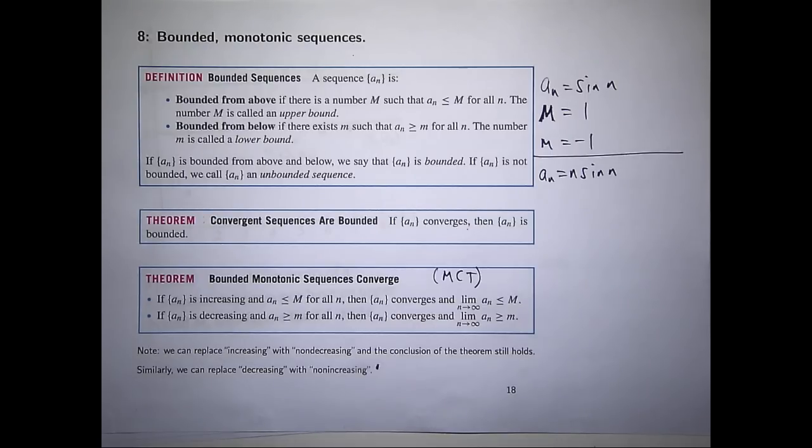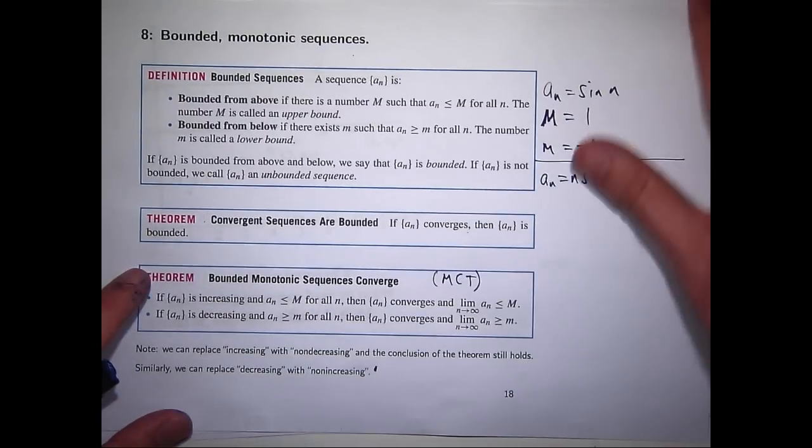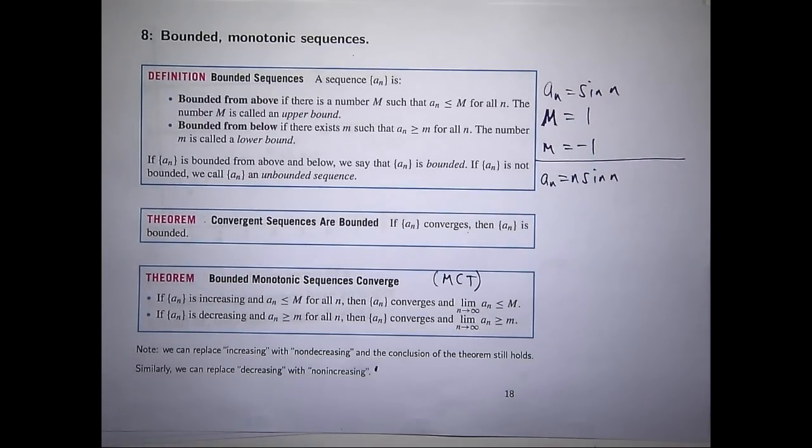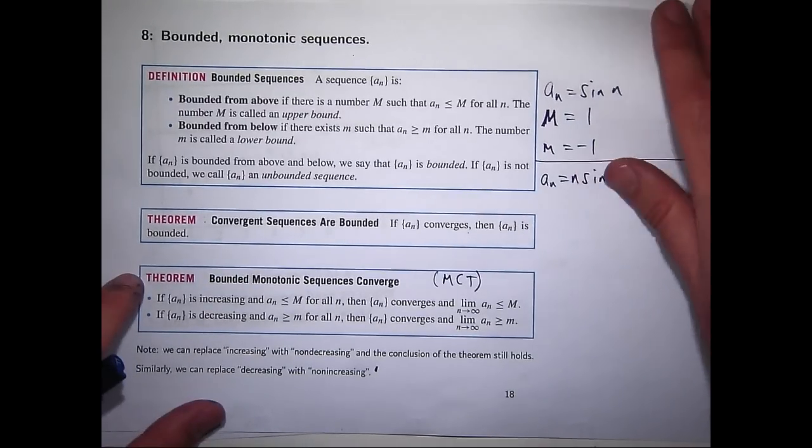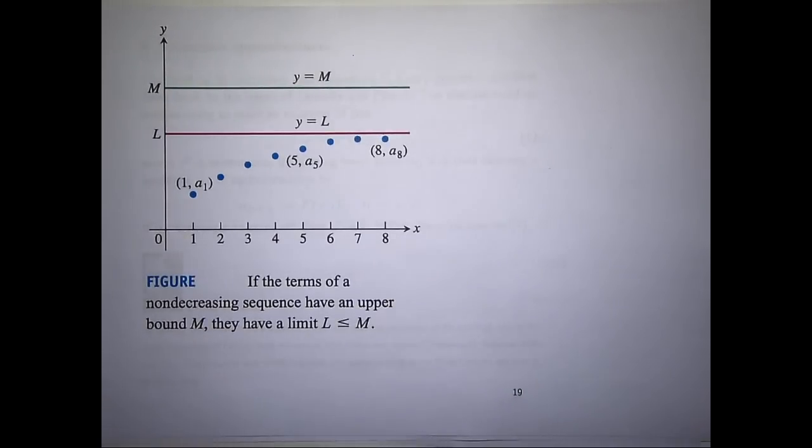Okay, it's very powerful. It's something that you can use all the time, just to show that a limit actually does exist. Okay? Now, I'm not going to prove it, but we are going to look at how we can apply it. Okay? But before we do that, let's have a look at geometrically what's going on.